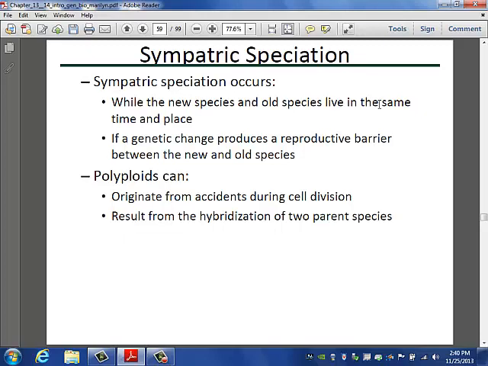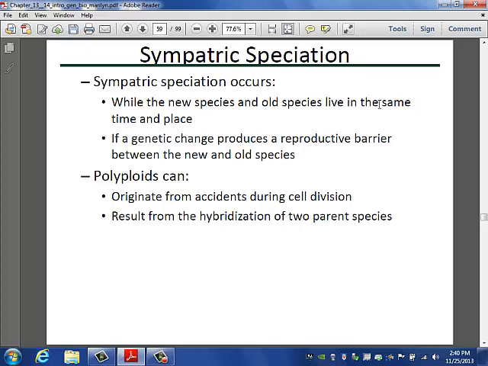So if a genetic change produces a reproductive barrier between the old and the new, now we have even more enhanced factors to create a new what? A new species.